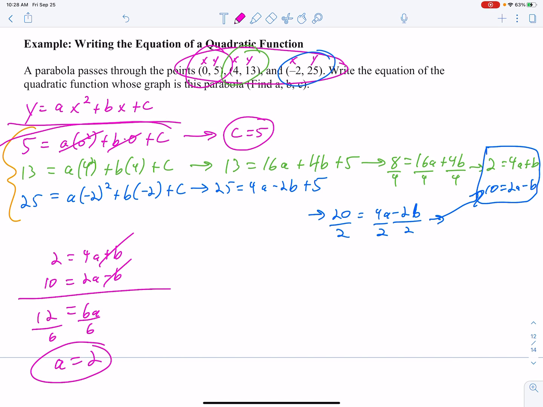Okay, we can use one of our original equations. I'm going to use the green equation. I'm going to plug in 5 for c and 2 for a. So we get 13 equals, so a is 2 times 4 squared plus 4b, we don't know what b is yet, plus 5.